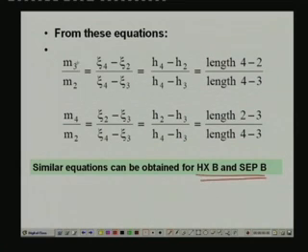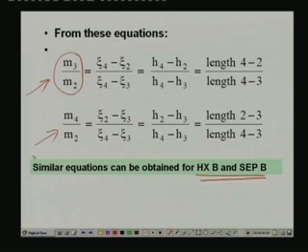From these equations you can show that M3 by M2 is nothing but (zeta 4 minus zeta 2) divided by (zeta 4 minus zeta 3), the ratio of lengths 4-2 and 4-3. This is nothing but your liquid phase mass fraction.